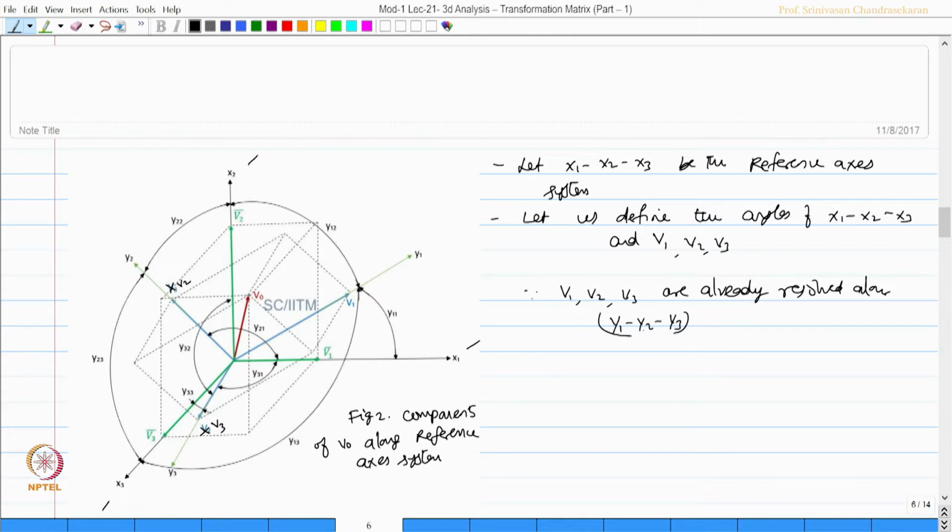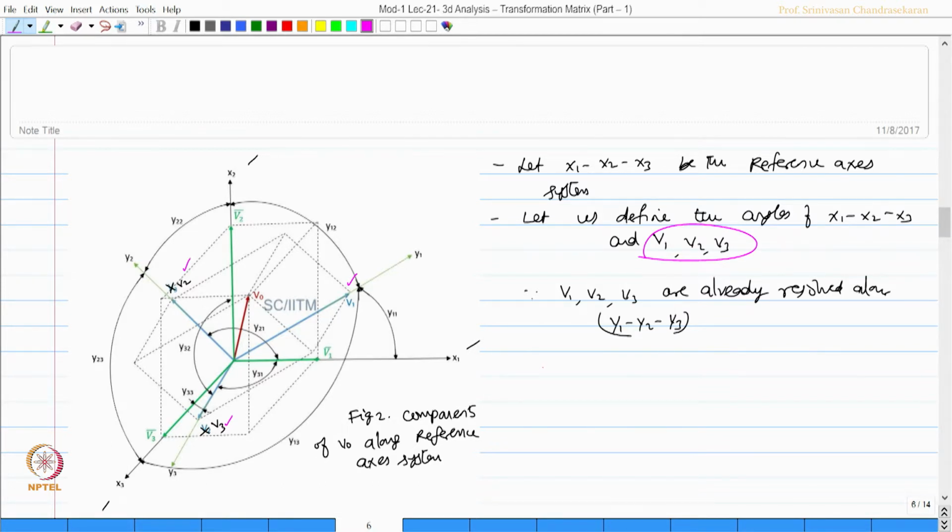We already have this. You can see here v 1 we have, v 2 we have along y 2 and v 3 we have along y 3. Okay. So, now I am interested in knowing what is the angle between these vectors and the reference axis system x 1, x 2, x 3. So, let us mark those angles.